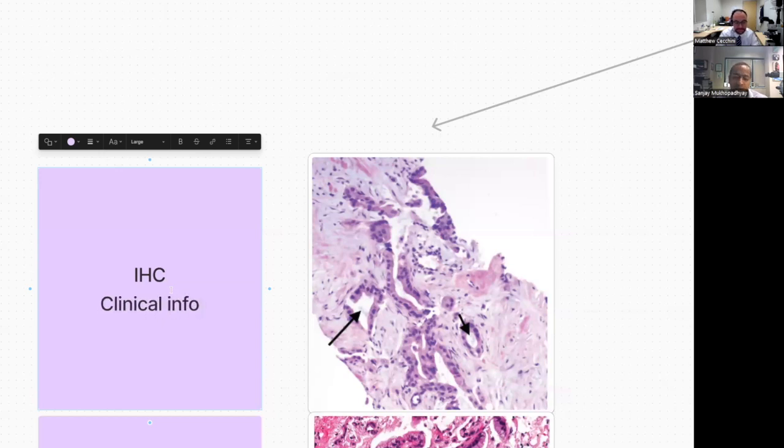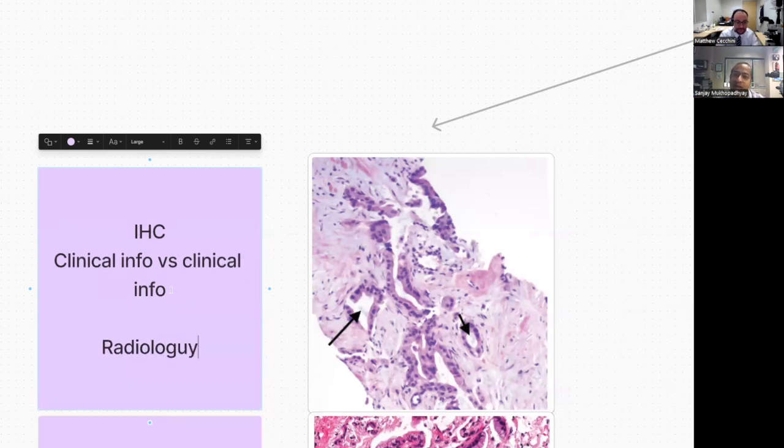You really do need clinical information if you want to do the method that I'm outlining. We have all the clinical information that is available to the clinician on Beaker, and it's also available to me. Second, radiology. I look up the radiology on all these cases, and it greatly helps me minimize immunohistochemistry in this situation.